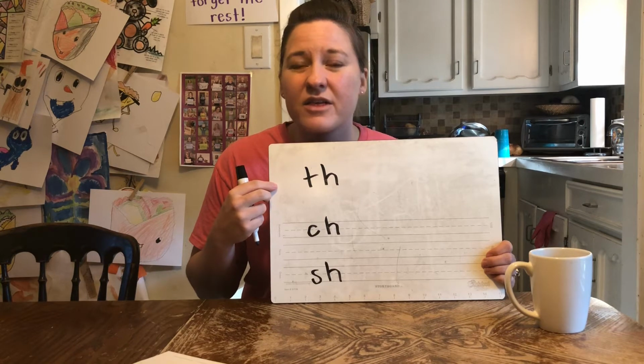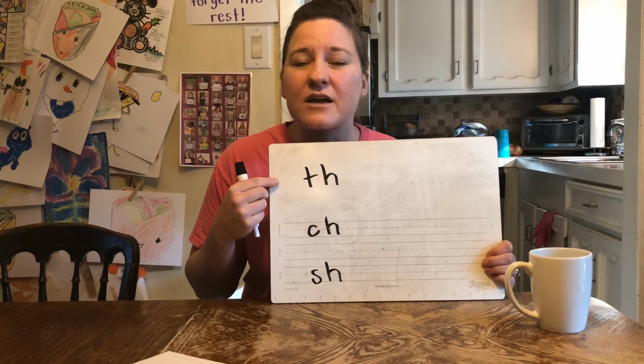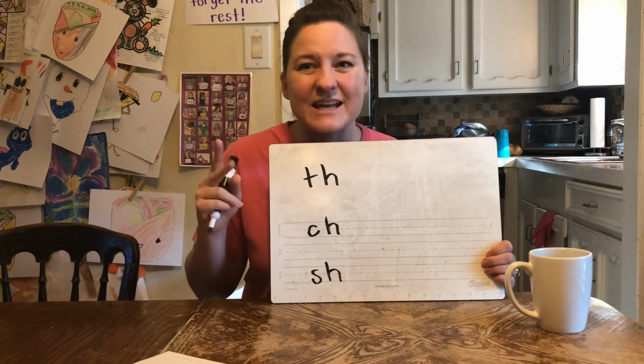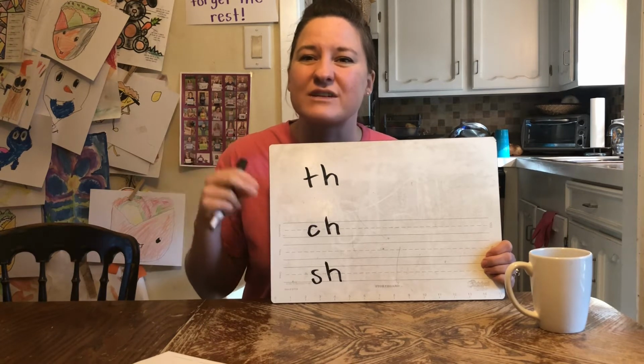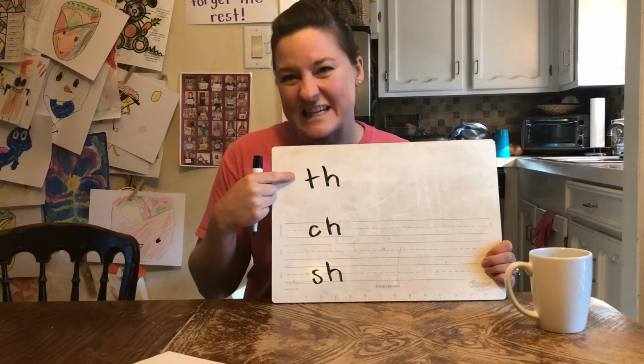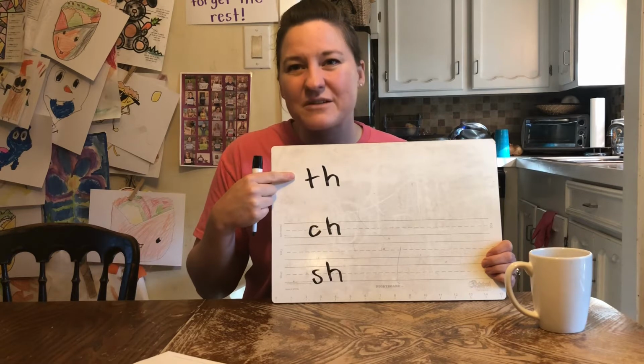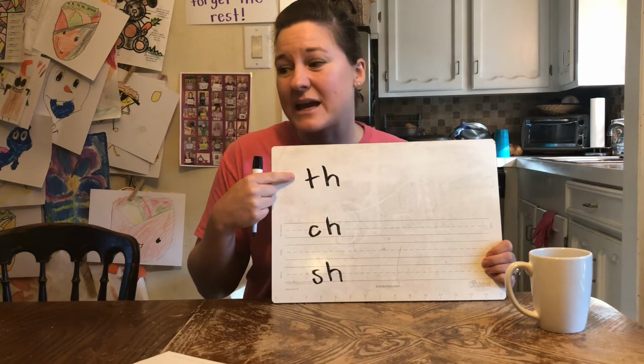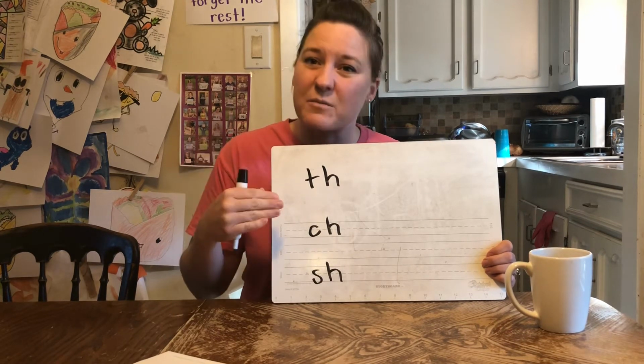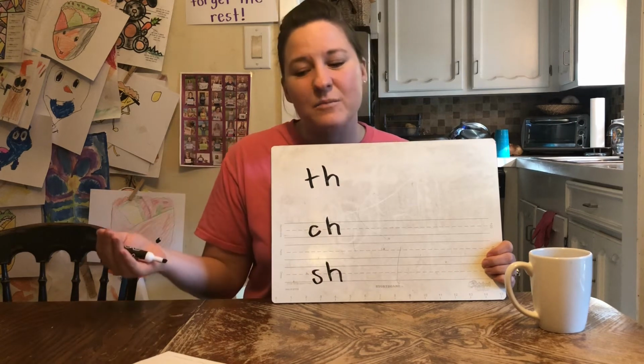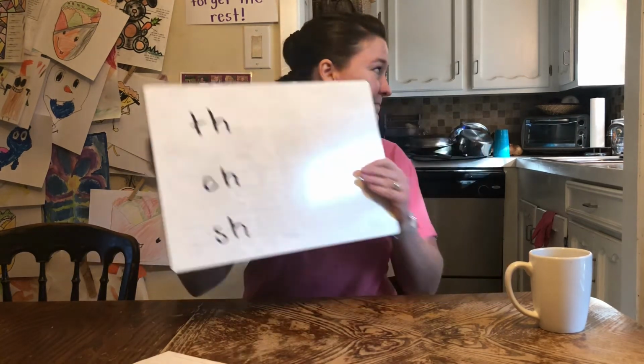It makes a th, like in the word thimble, and then it makes a th, like in the word they. Okay, that's a tricky one because it has 2 different sounds. So if you choose to look for TH today, point that out to your child. Point out that it is making 2 different sounds. Some words it's going to sound like one thing, some words it's going to sound like something else.